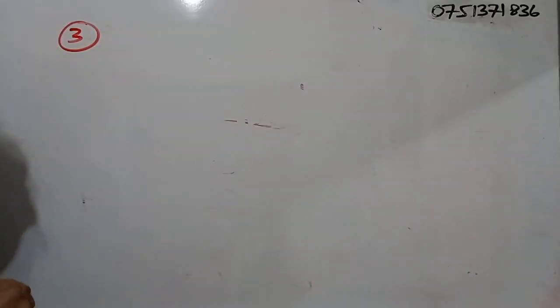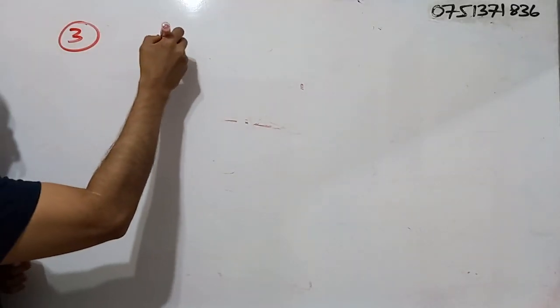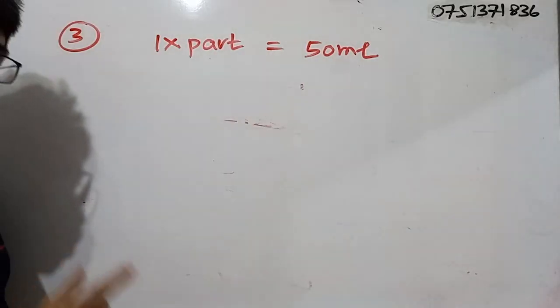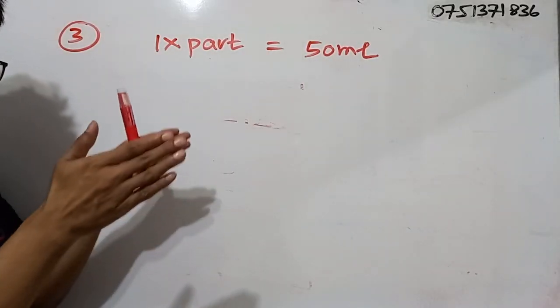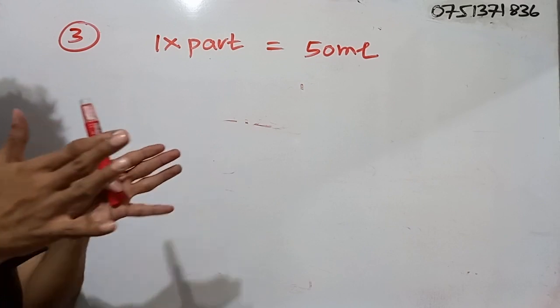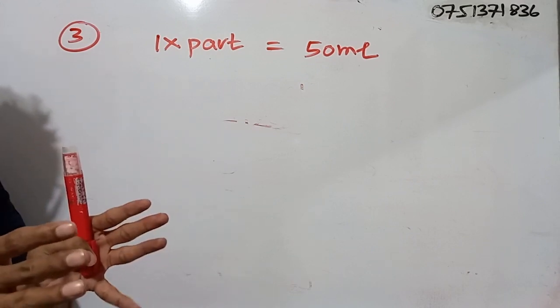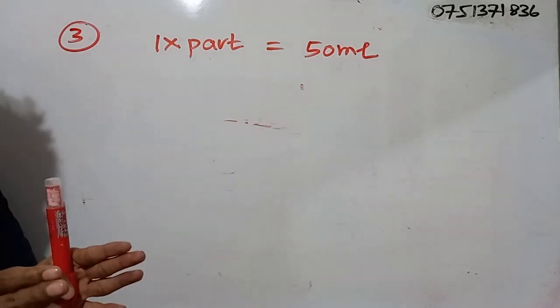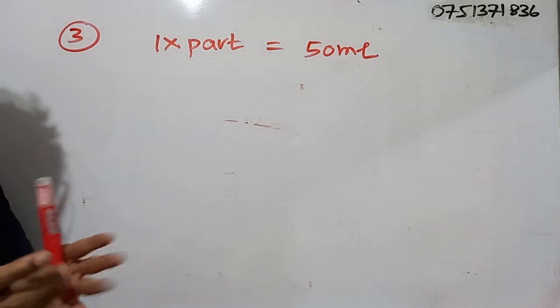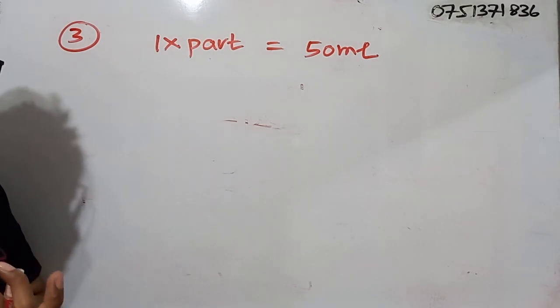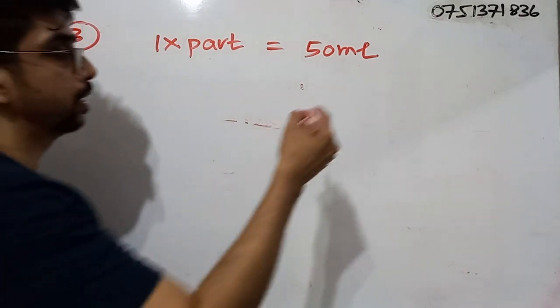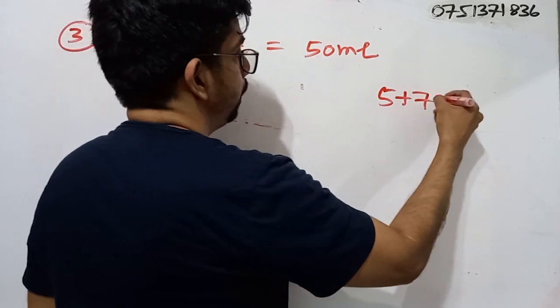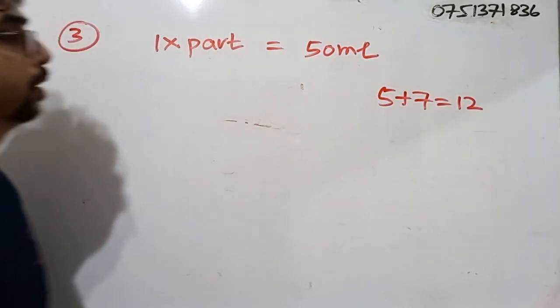So we know the value of 1 part. How many total parts are there? We have water and orange juice, so the ratio is 5 to 7. What is the total number of equal parts? 5 plus 7, we get 12.